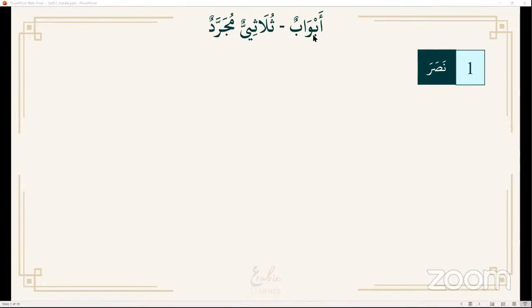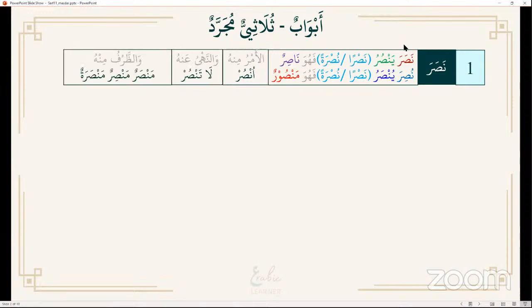Nasara yansuru, daraba yadribu, fataha yaftahu. That's good, Sister Asma. Karuma yakrumu. Then sami'a yasma'u and hasiba yahsibu. So that's good. Let's do the practice of that.